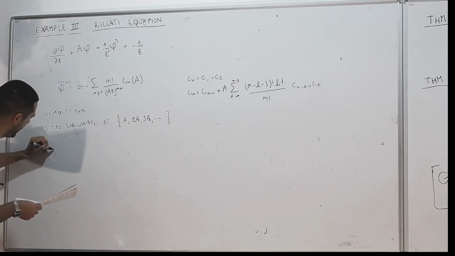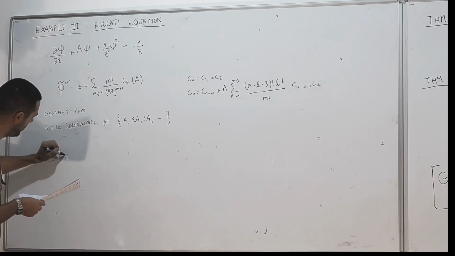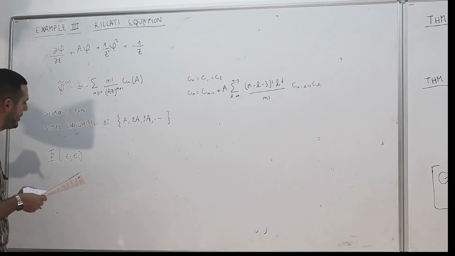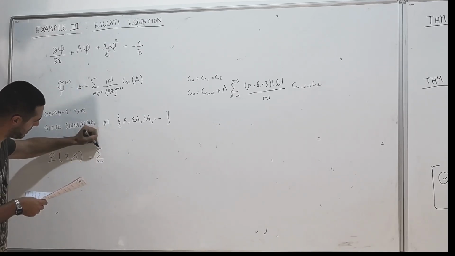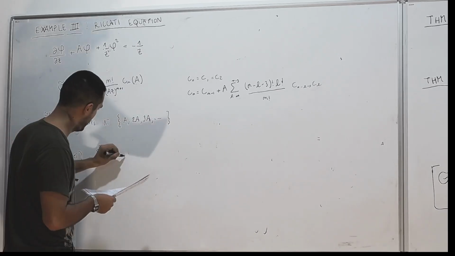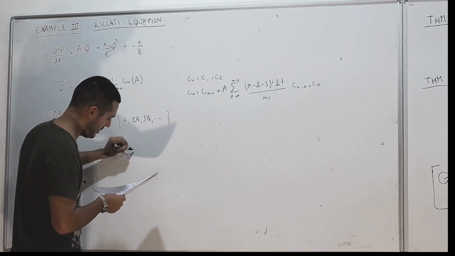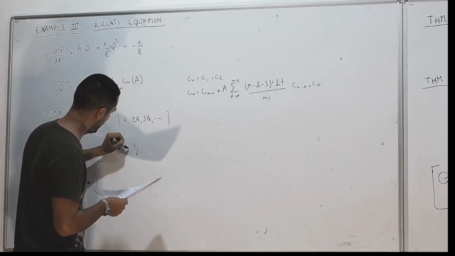I will write it capital phi, depending on one parameter sigma. Sigma to the n. And A, Z.